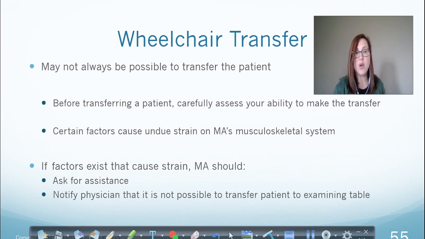So make sure that you ask for assistance, and if the patient isn't able to get onto the exam table, let the doctor know. They might not need the patient on the exam table. But if they do, there might be a specific room with a table that raises and lowers that the patient may be able to get onto more easily so that the doctor can assess the patient properly.